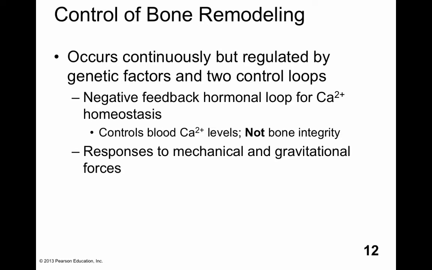We talked about that when we were talking about electrolyte balance in blood. Basically, bone remodeling also responds to mechanical and gravitational forces. So it all is dependent on how much pressure you have on you.